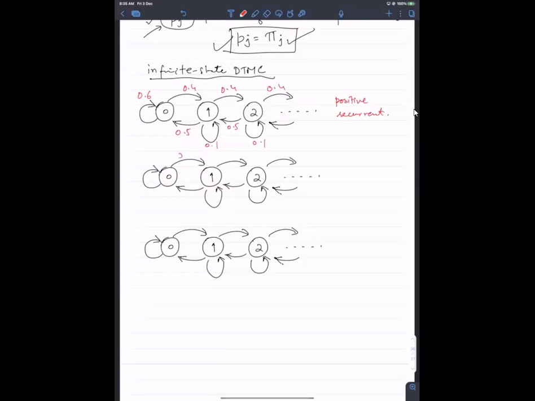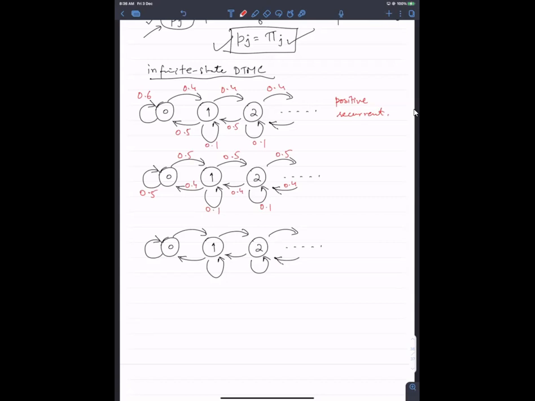If I have 0.4 here and 0.5 up there, with more probability you are increasing the size of the queue, and less probability you are decreasing the size of the queue. Okay. This kind of a Markov chain, discrete time Markov chain, every state is transient.